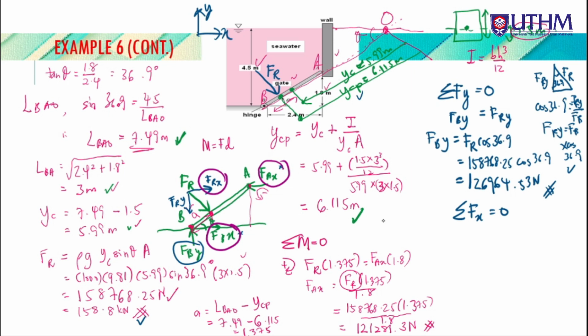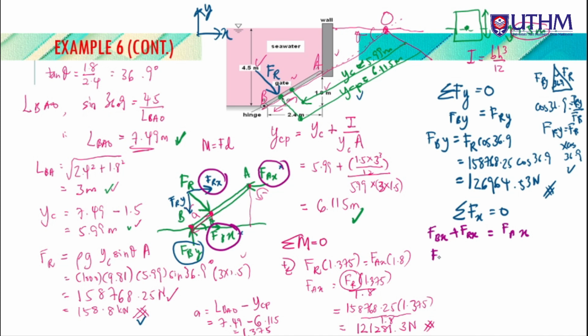So kita cuba consider yang towards to the right ni adalah on the left hand side. So means that kita start dengan FBX, AX, and then kita ada plus FRX must be equal to FAX, kan? Okay, so FBX adalah yang kita nak cari.